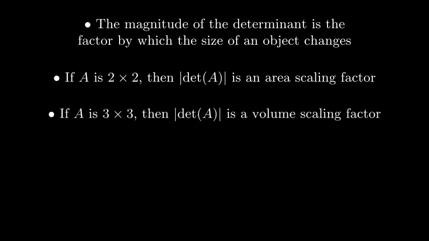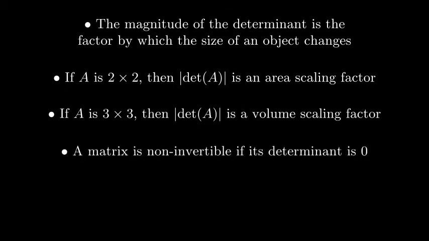If the matrix is 3 by 3, then we're talking about a volume scaling factor. And in all cases, if the determinant is equal to 0, then the matrix and the transformation are not invertible. This idea also applies to larger square matrices. However, higher dimensional versions of volume, hypervolumes, are not easy to visualize.